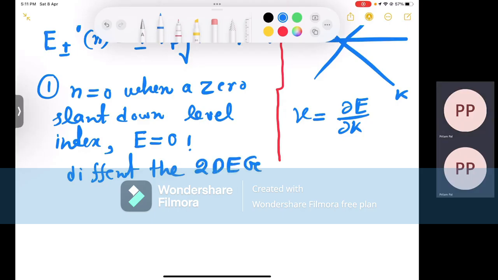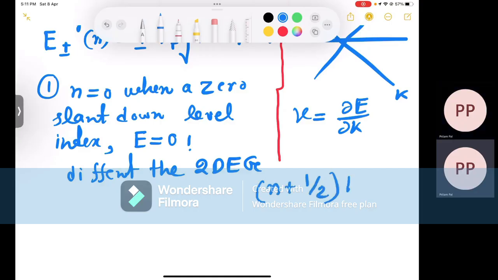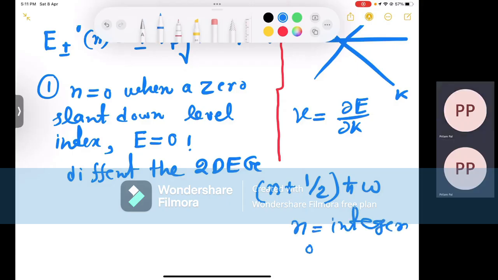Therefore, if you consider the simple harmonic oscillator energy levels, then simply you have (n plus half) h-bar omega, right? You have a zero point energy over there because of the simple harmonic oscillation. All the energy states are quantized, and you cannot have zero energy because there is a minimum energy, half h-bar omega, and n is restricted to integers, from 0 to 1, 2, 3, 4 and so on with an interval of 1.